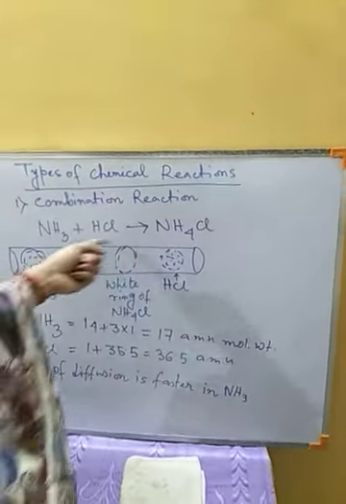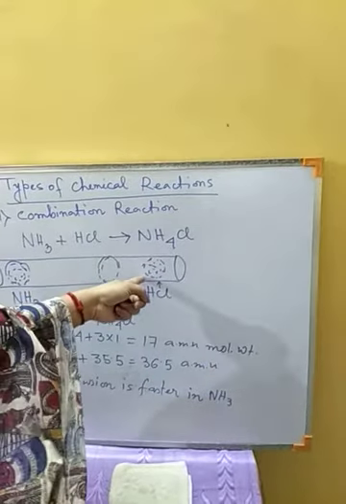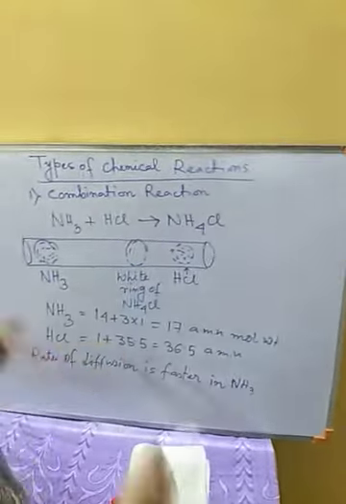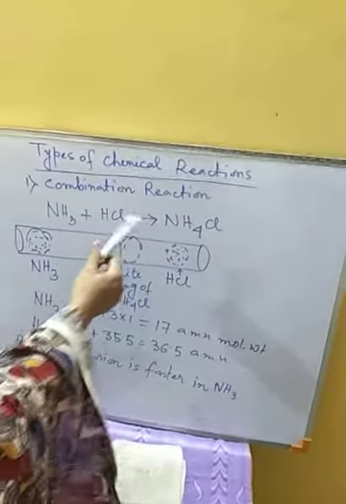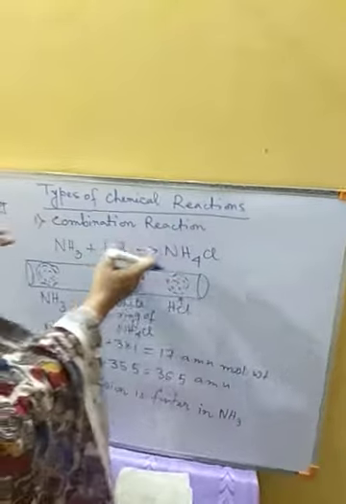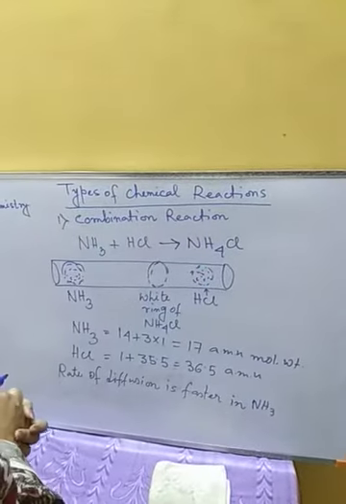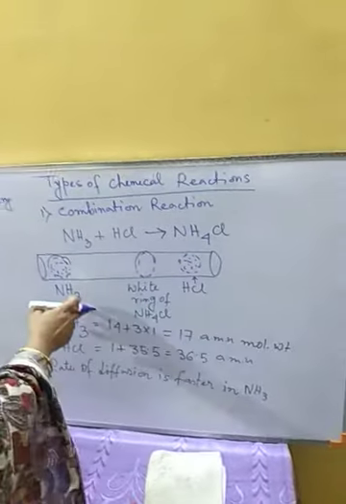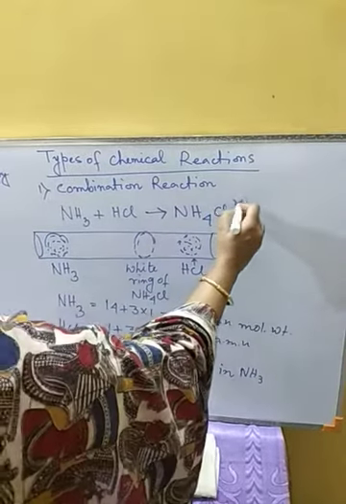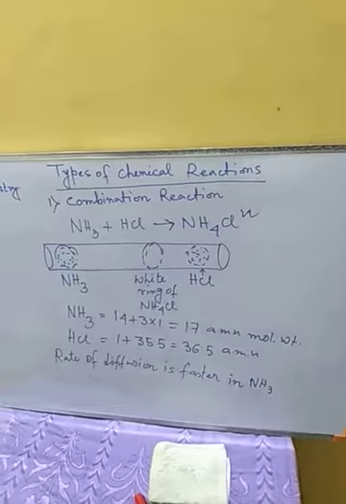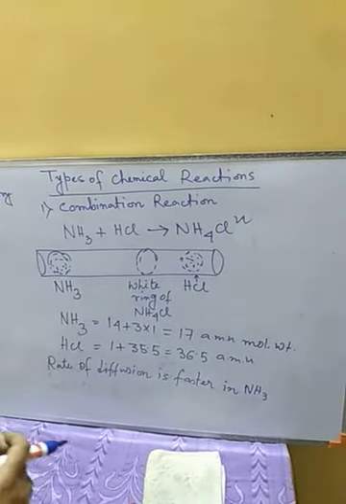That's why we are going to get the white ring near this end, near this end of HCl. As ammonia will travel more than HCl, these two, HCl and ammonia, will combine together at this point, and we are getting this ammonium chloride. So this was the reason behind this.